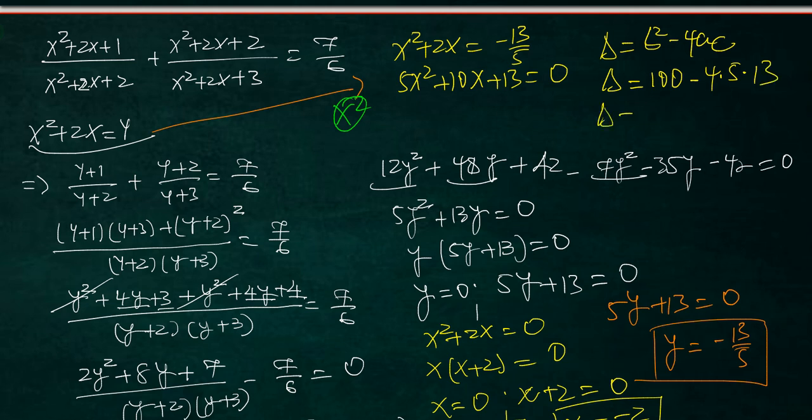So our delta is 100 minus 20 times 13, which is 260, and then our delta equals negative 160. So our delta is less than 0. It means that we have imaginary solutions here, and we wanted to solve for the real solutions only.